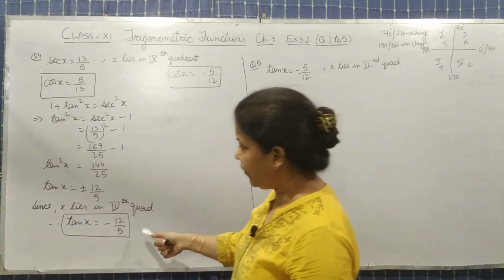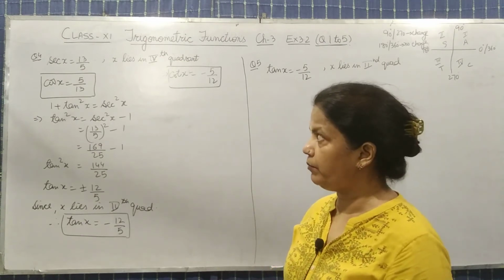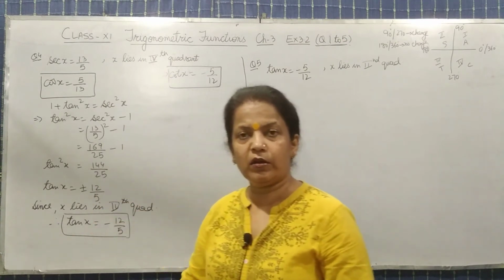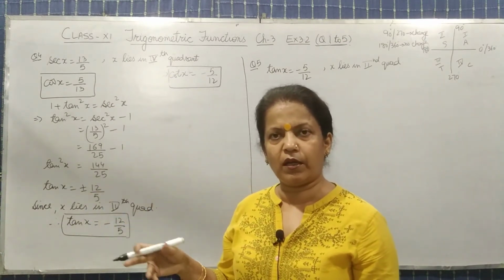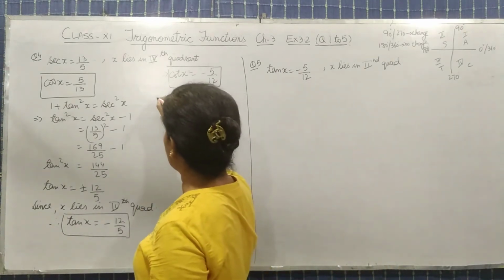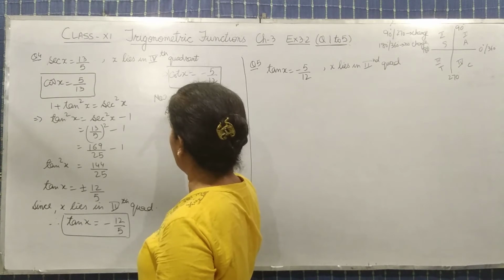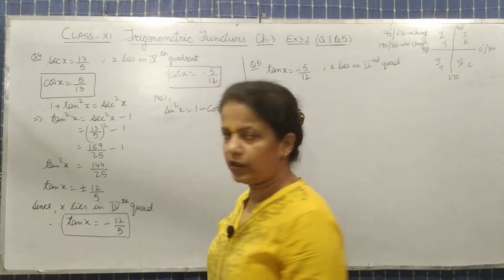Now we have to find out sin x. How will we find sin x? Tell me. From here, cos x is there. So for sin x, sin square theta plus cos square theta equals 1. So sin square x equals 1 minus cos square x. Isn't it?